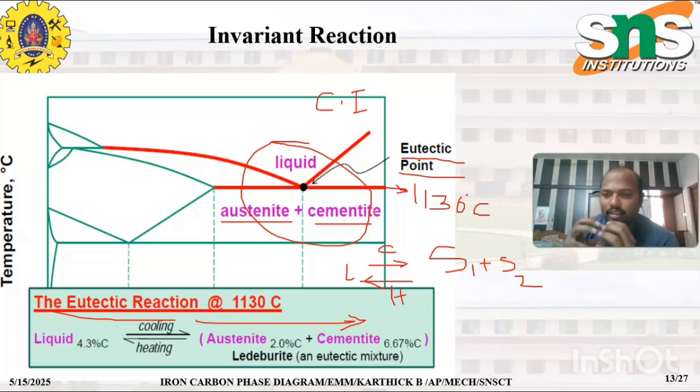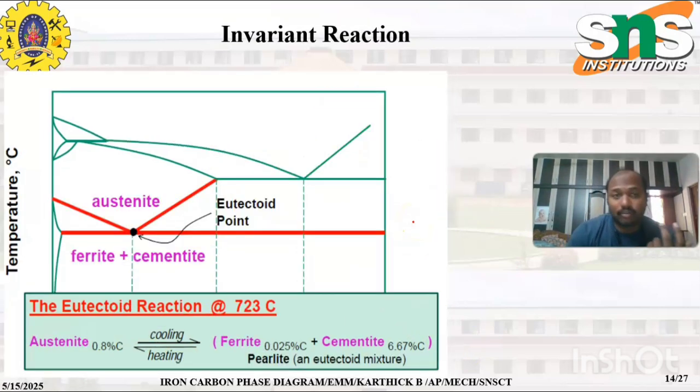These two components joined together are known as the ledeburite mixture, and it is formed at the eutectic point. Here the liquid is at 4.3 weight percentage of carbon, the cementite is at 6.67, and the austenite is at 2.2 weight percentage of carbon.